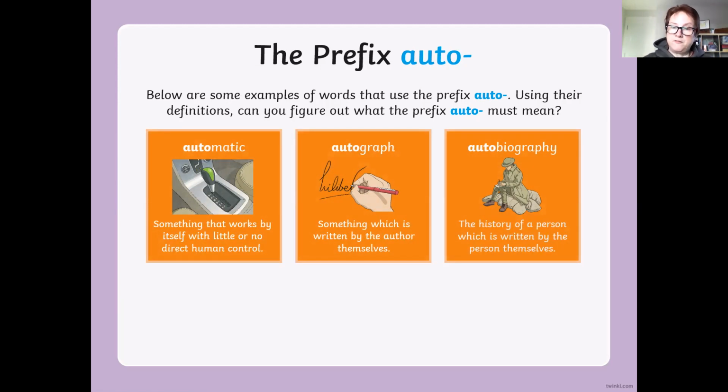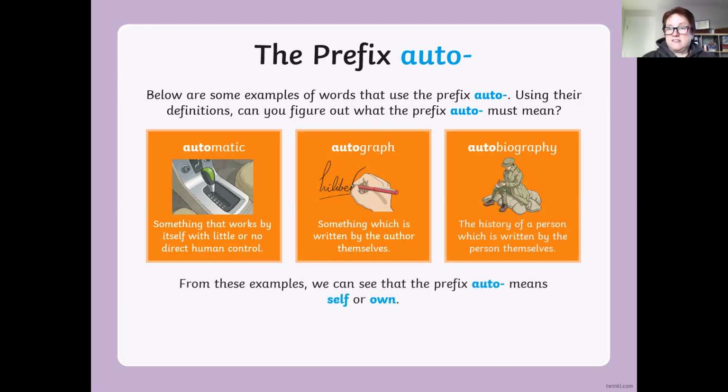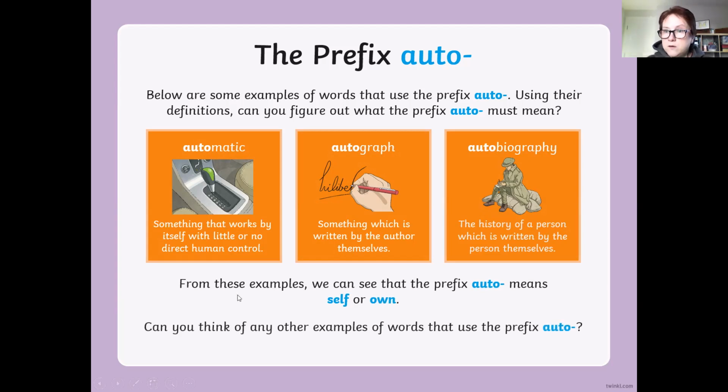Or autobiography, the history of a person which is written by the person themselves. So, do we get the idea what auto means? It means own or self. It's your autograph, your autobiography about you. Any other words that you can think of? We've got a few at the beginning. You might have got a few in your spellings.